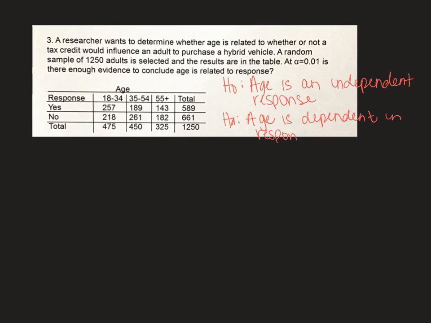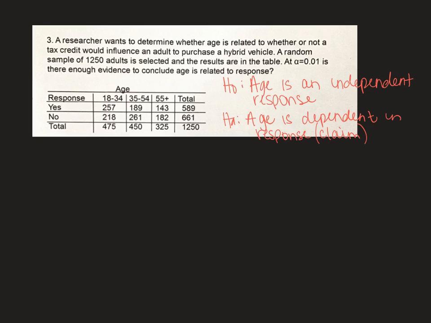There's other ways you could word that. You could say age and response are independent, age and response are dependent or not independent. That doesn't really matter how you word it, as long as it means basically the same thing. They are asking us if there's enough evidence to conclude that age is related to your response. So that's going to make our claim HA.